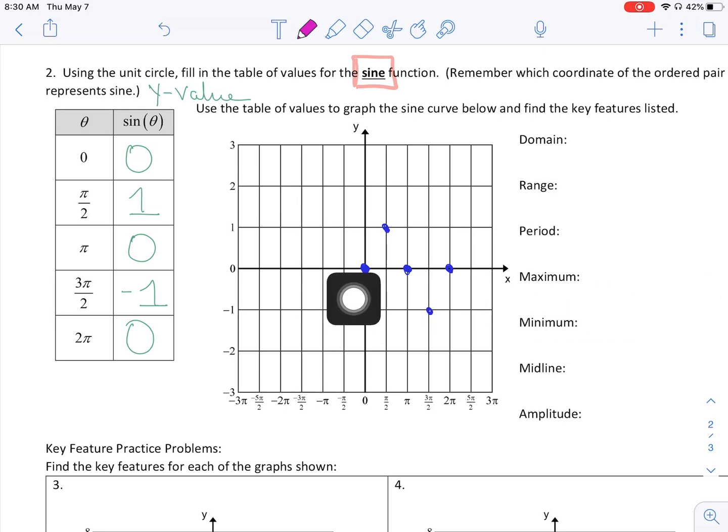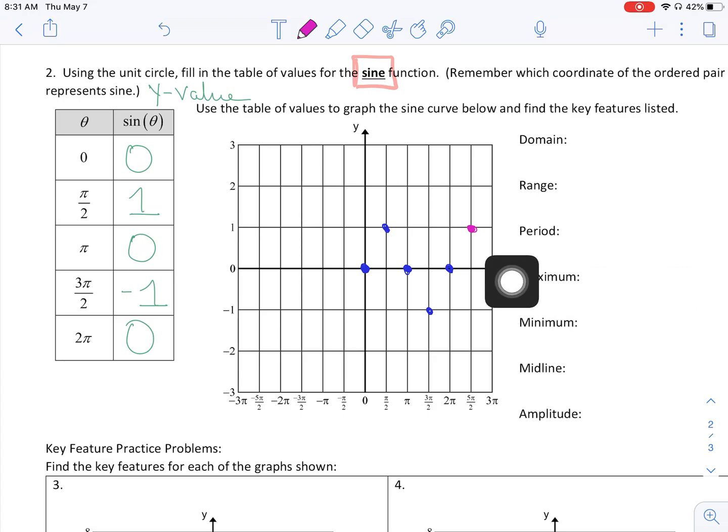We started at the origin. We bounced up to the maximum, down to the minimum, and now we're coming back up. So my next point here would need to be up to the maximum, and then I'm going to head from the maximum back to the middle.